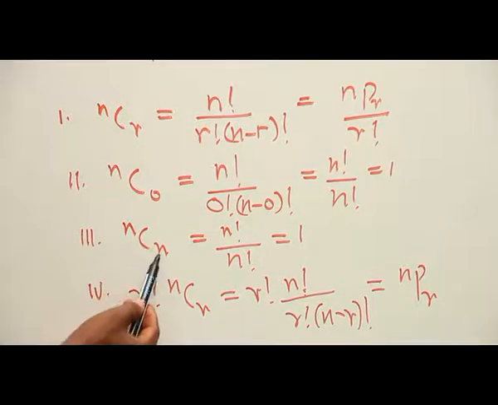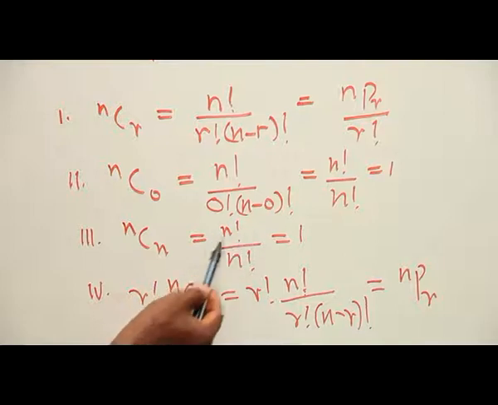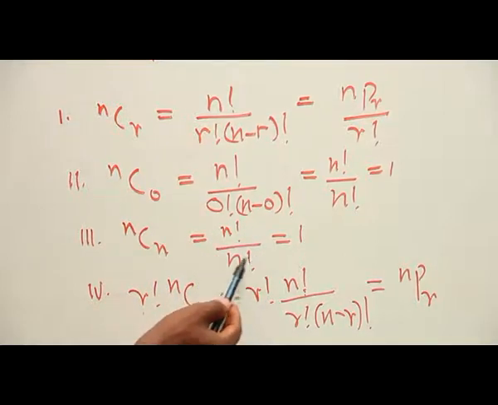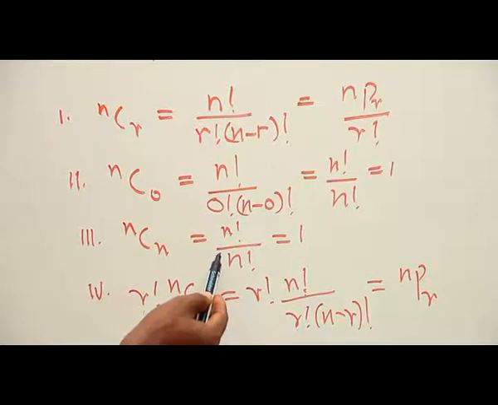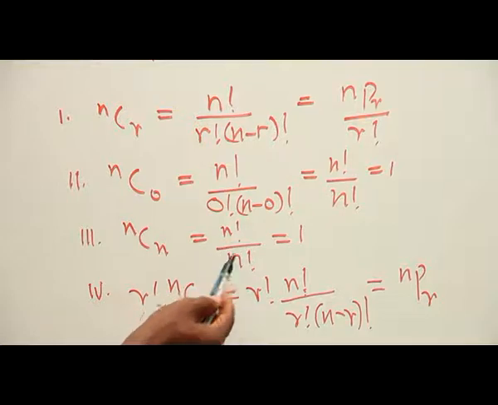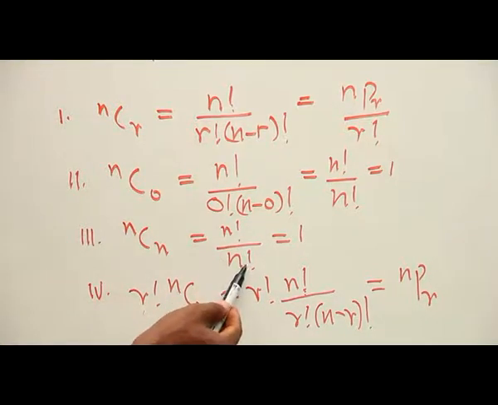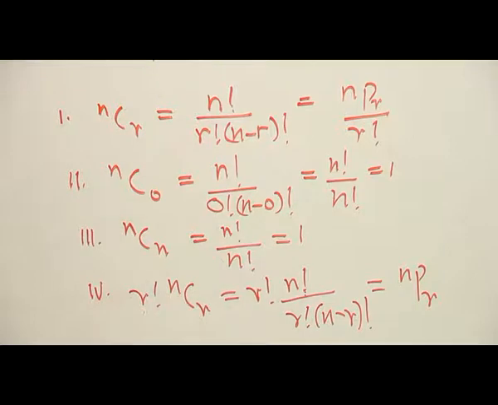Then nCn is equal to n factorial over n factorial times n minus n factorial. N minus n will be 0, and then n factorial will remain, which will be equal to 1.